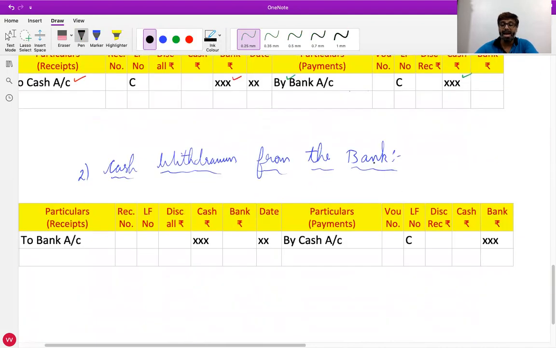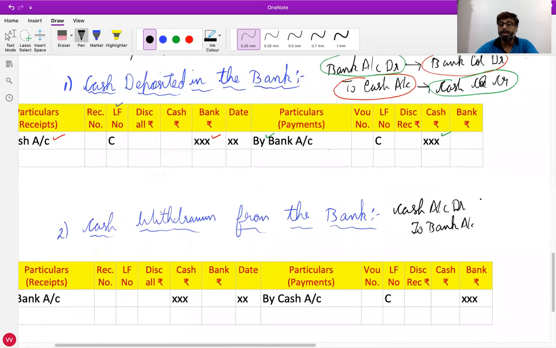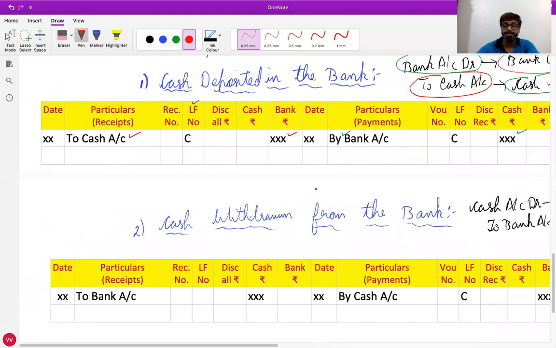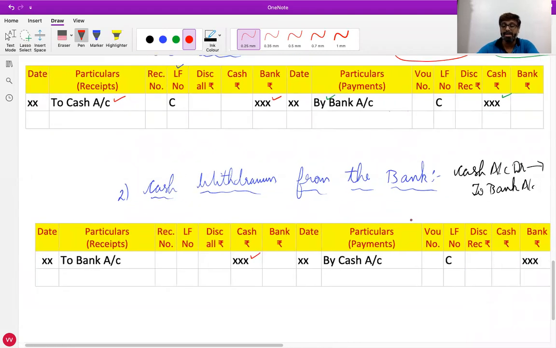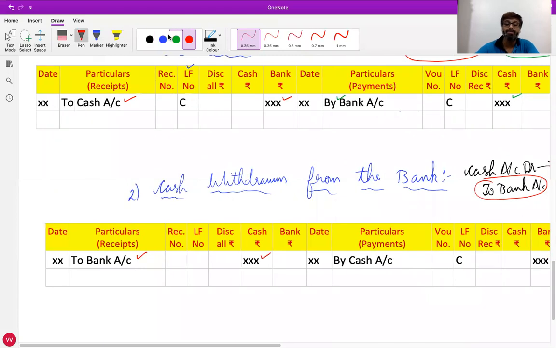Same way, cash withdrawn from the bank, the journal entry is: cash comes in, debit what comes in, cash account debit. Bank is the giver, credit the giver, to bank account. Now cash account debit means in the cash column we will write on the debit side. So all of you can see, in the cash column on the debit side, we'll write the name of the opposite account, to bank account.